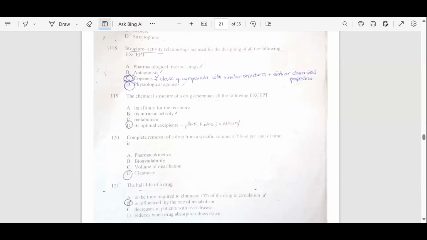You think D? Physiological agonists basically produce the same effects, but they interact with different receptors. If they're interacting with different receptors, they definitely have different structures. That means the molecules won't be based on the structure activity relationship because the effect is the same.